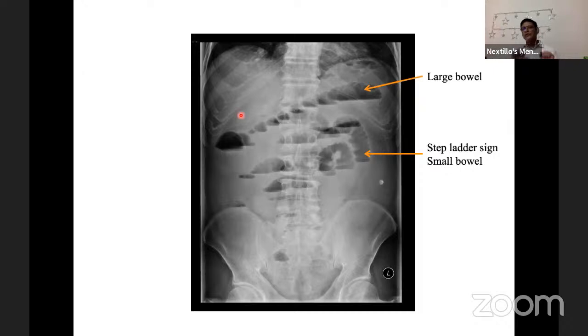For the mechanical obstruction, we may have the extramural etiologies like adhesions, hernias. Then we may have the intramural etiologies like the tumors, be it of small intestine or the large intestine, intussusception, like the ileocolic involving both the small and the large, colocolic involving only the large, ileo-ileal involving only the small.